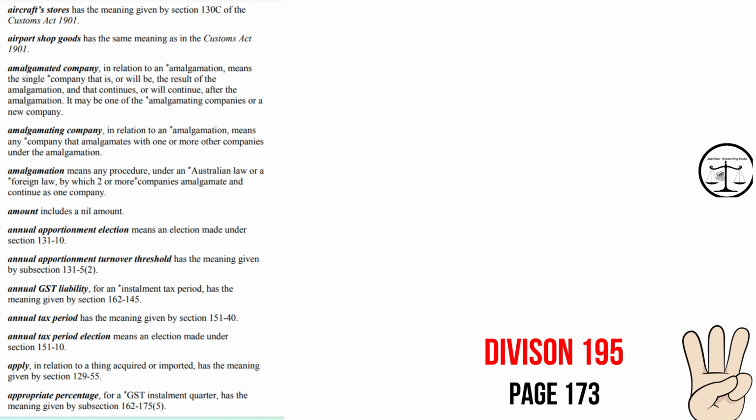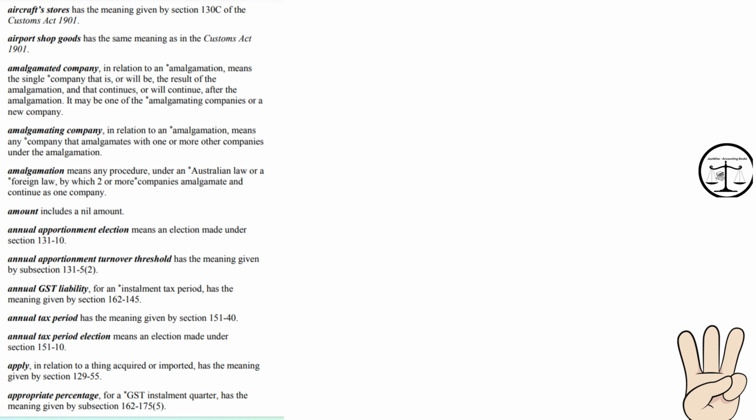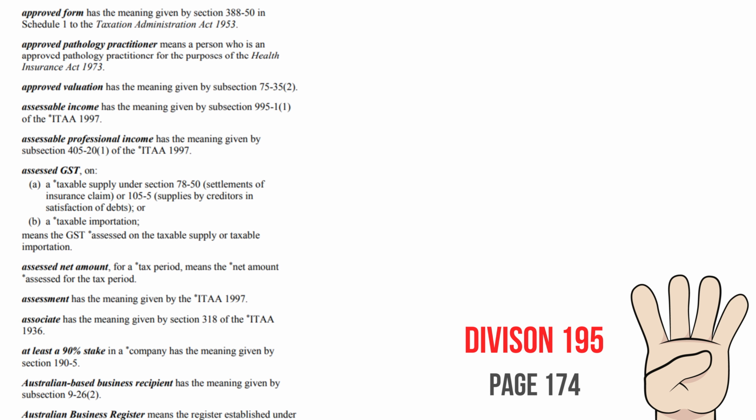Annual apportionment election. 25. Annual apportionment turnover threshold. 26. Annual GST liability. 27. Annual tax period. 28. Annual tax period election. 29. Apply. 30. Appropriate percentage. Next page.